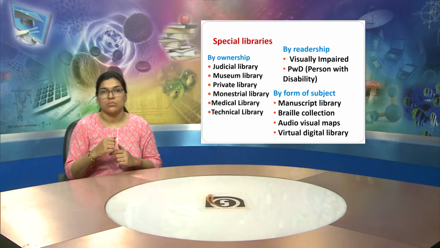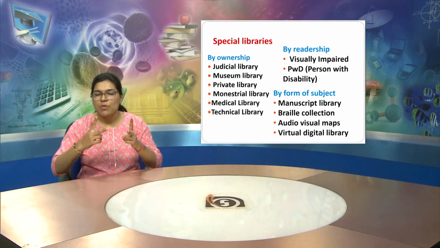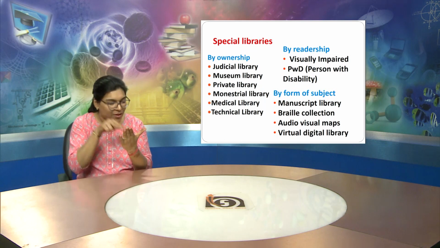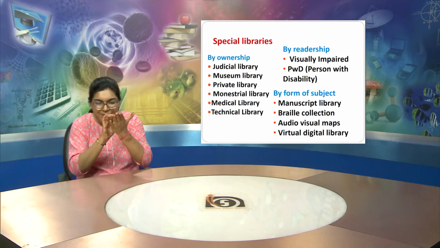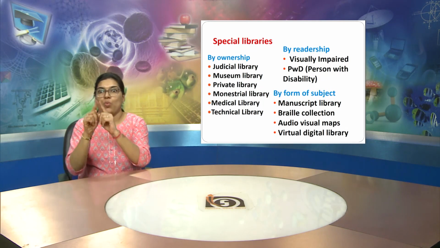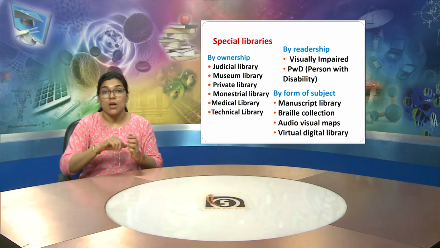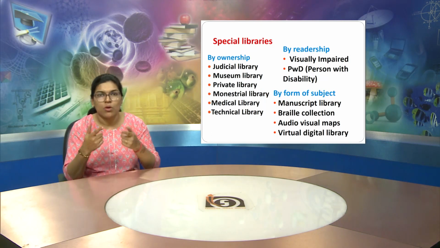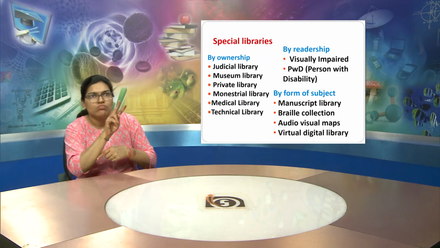The second subtype is the Braille collection. This is for the visually impaired. All the visually impaired people can get Braille books here, or information in their own Braille form or audio form.